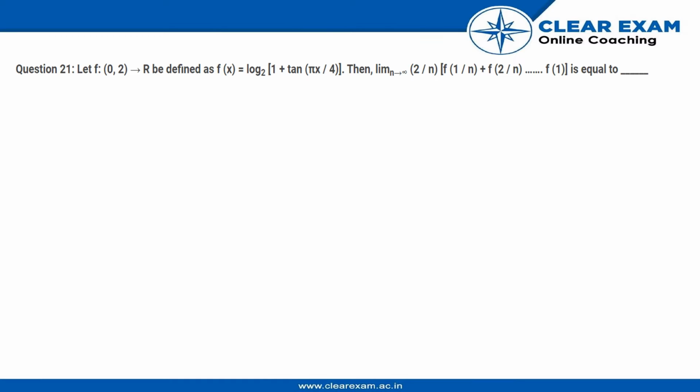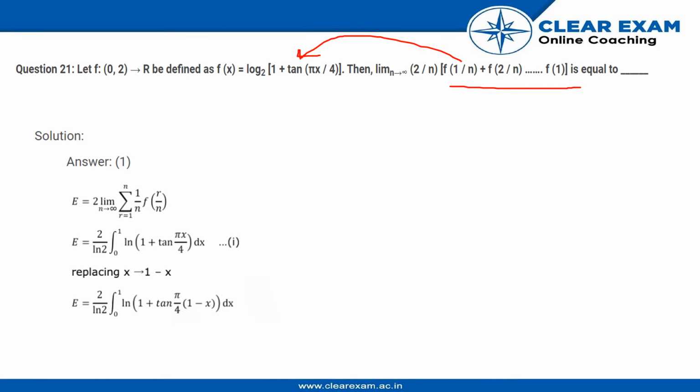Now what we need to find is the limit of this summation, and we know the f over here is given by this function. So what we will first do is make this summation much simpler to understand. We first write limit n tends to infinity, then we put the summation sign.